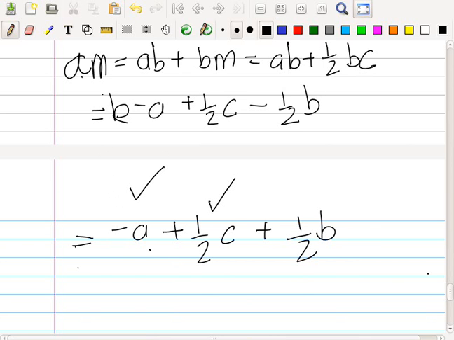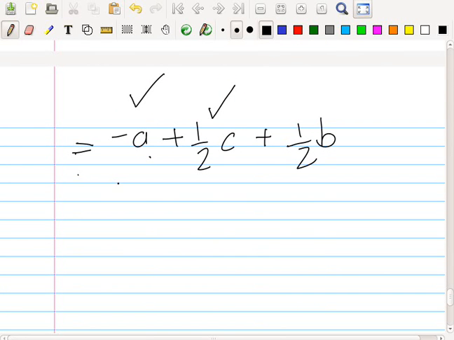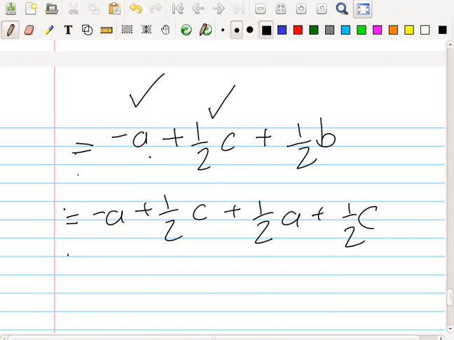So I need to change B. But remember, what did I say B was? We got a little result here. B equals A plus C. So I'll use that. Minus A plus a half C plus a half A plus a half C. Good. How many A's do I have?